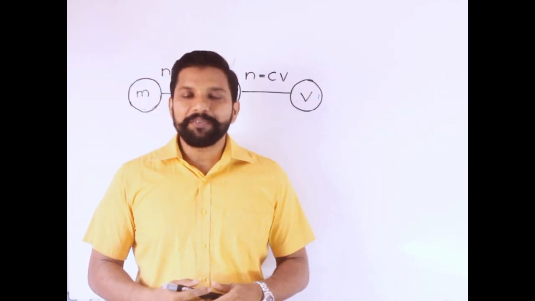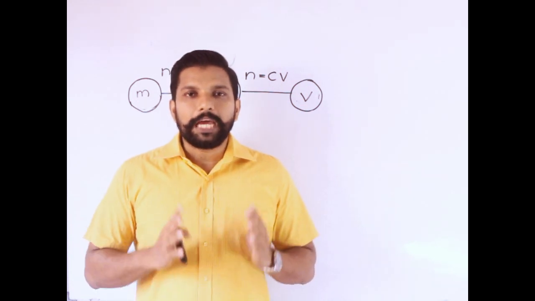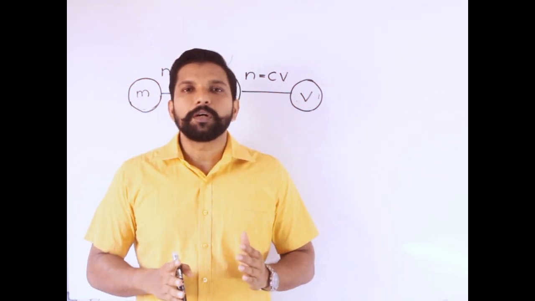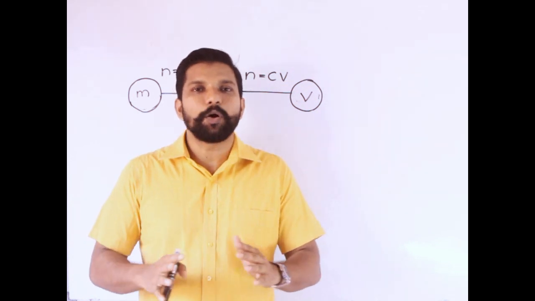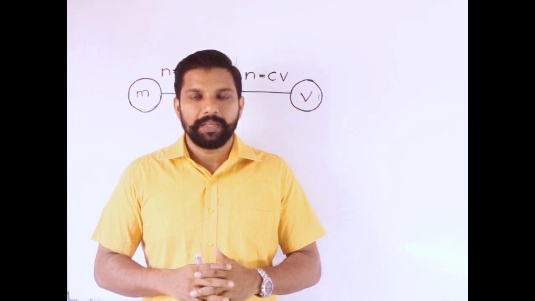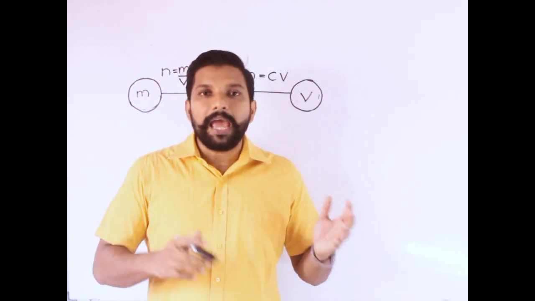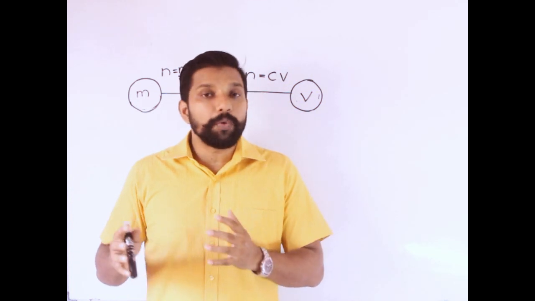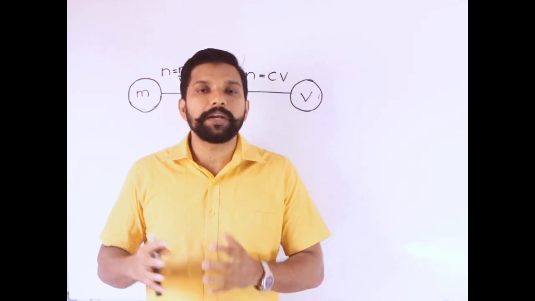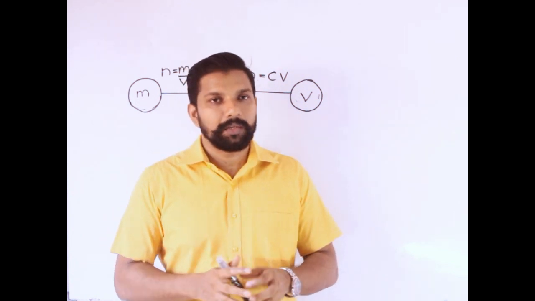Let's go to the next level of calculations. Don't forget, calculating number of moles is the center of all chemical calculations. Therefore, let's combine n equals CV and n equals m over capital M, that means mass divided by the molar mass, in order to do calculations.